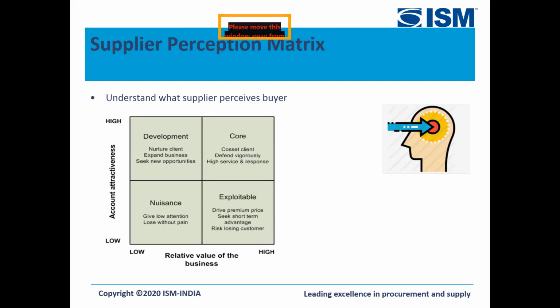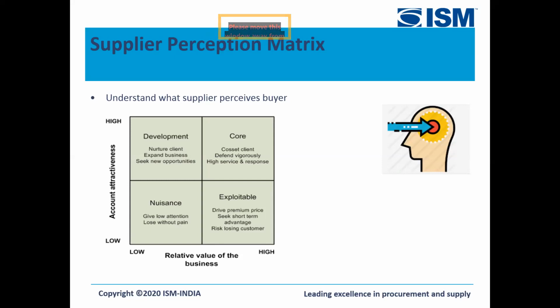So there the perception matters, and if you are able to understand that perception, then that helps us a lot in the negotiation. Similarly, there are other aspects, like development, where the relative business is low but the attractiveness is high. That is what I talked about, where, in case there is some proof of concept or a trial being done, that trial gives that supplier the ability to enter that industry, and then they try to develop that business.